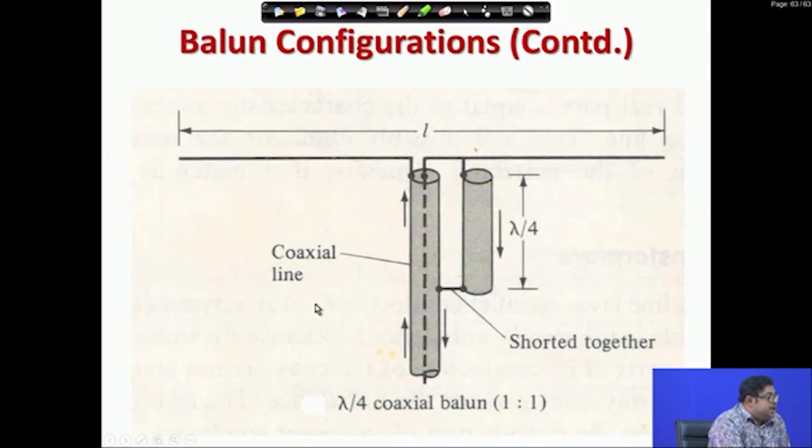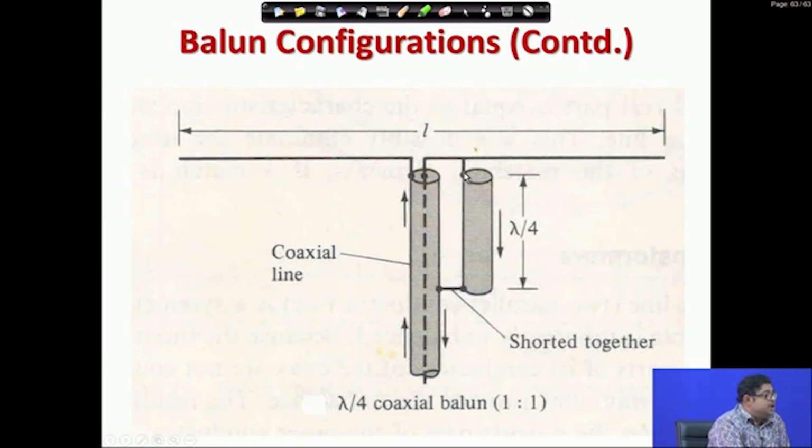Now, there is another possibility. Instead of putting that metal sleeve, you can put another transmission line here of lambda by 4. Here you are shorting as before.